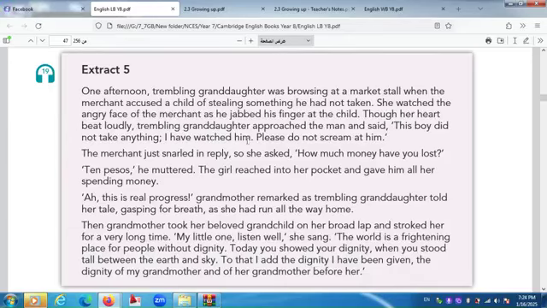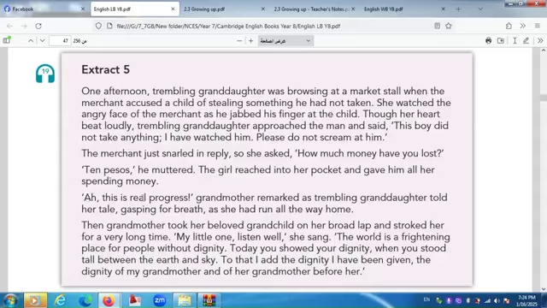I have watched him. Please do not scream at him." The merchant just snarled in reply, so she asked, "How much money have you lost?" 10 pesos, he muttered. The girl reached into her pocket and gave him all her spending money.